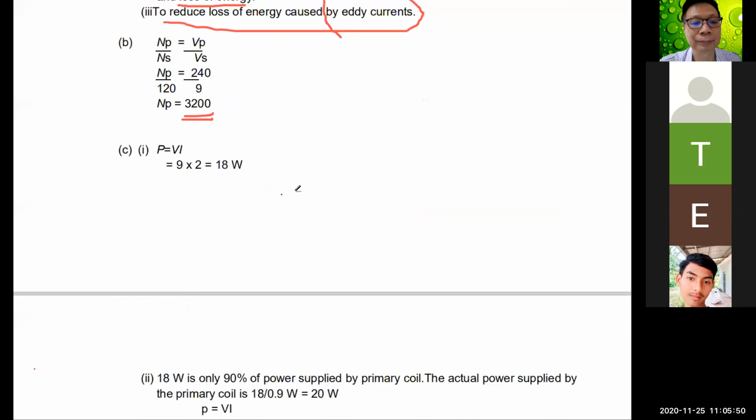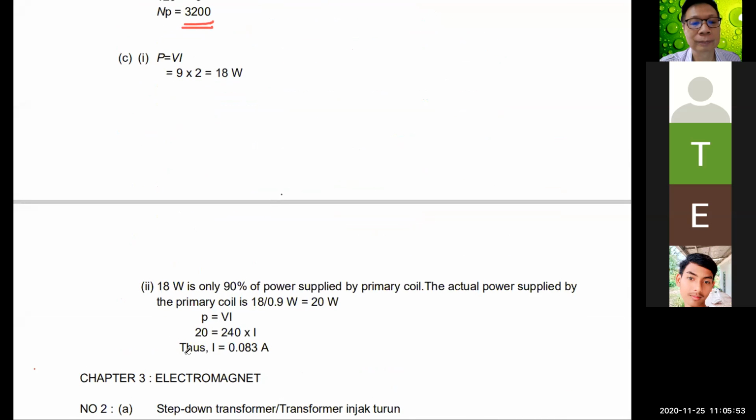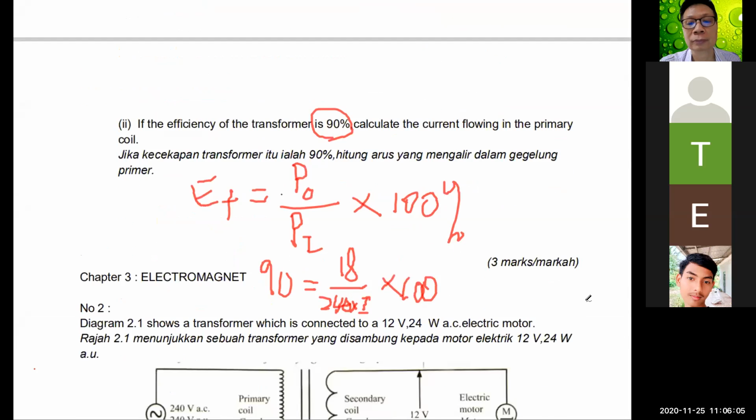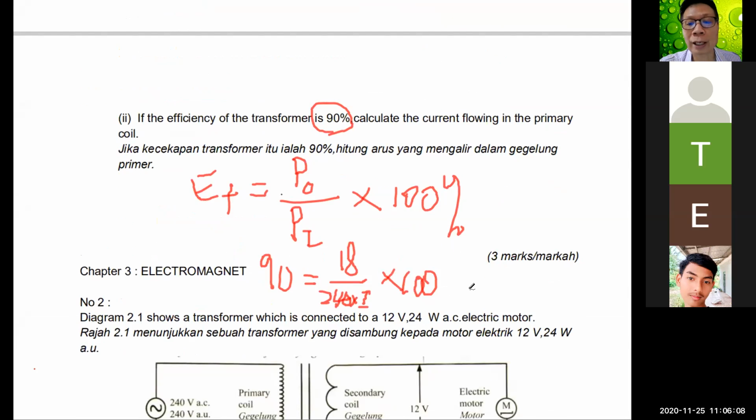So I write the answer here: I is 1/12 ampere, or 0.083 ampere.